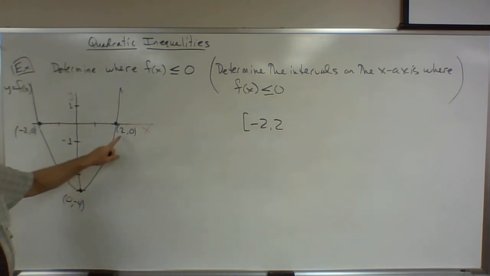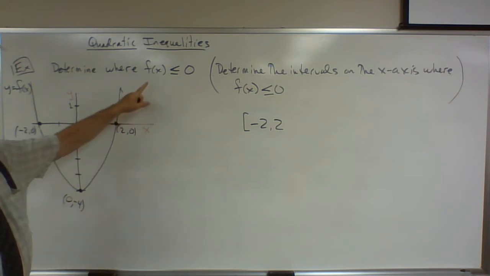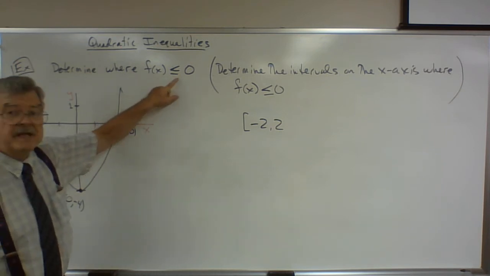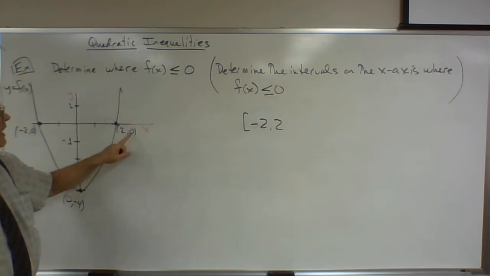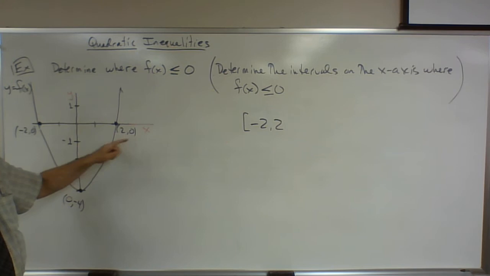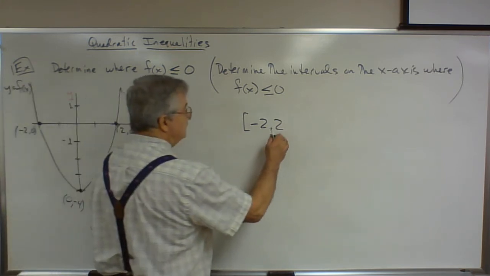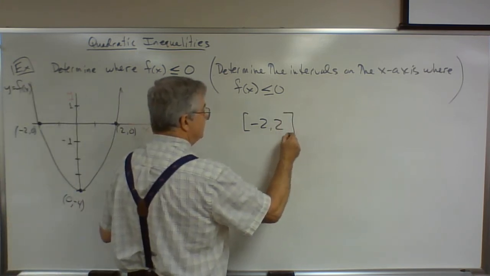Similarly, when x equals positive 2, f of x is less than or equal to 0 because at x equal positive 2, f of x is 0. So x equal positive 2 is part of our solution.